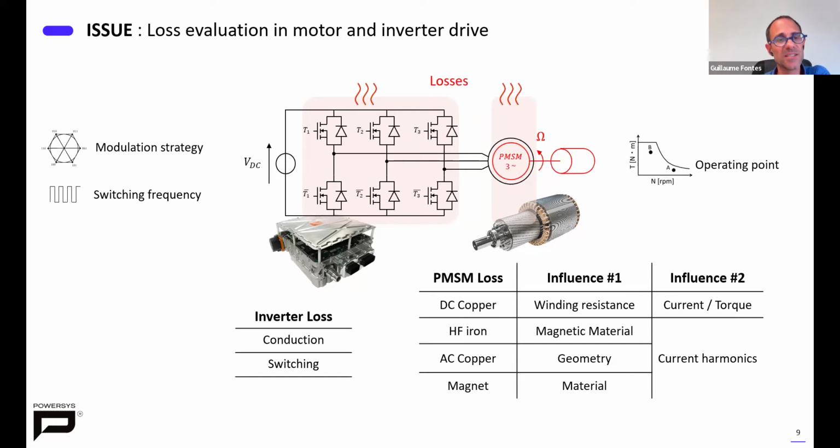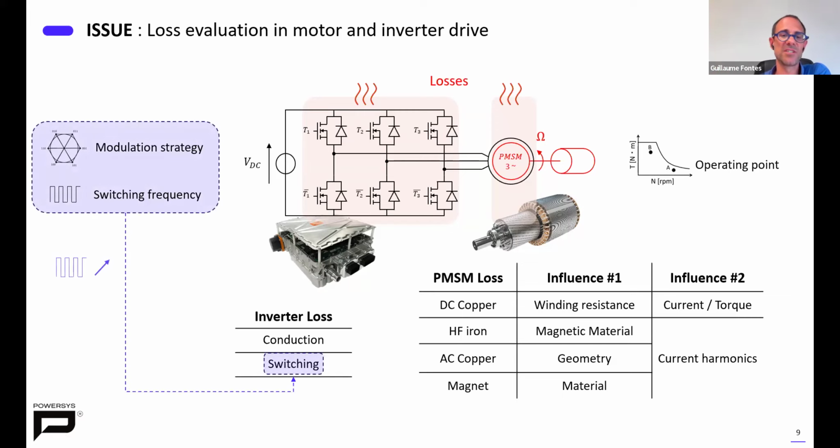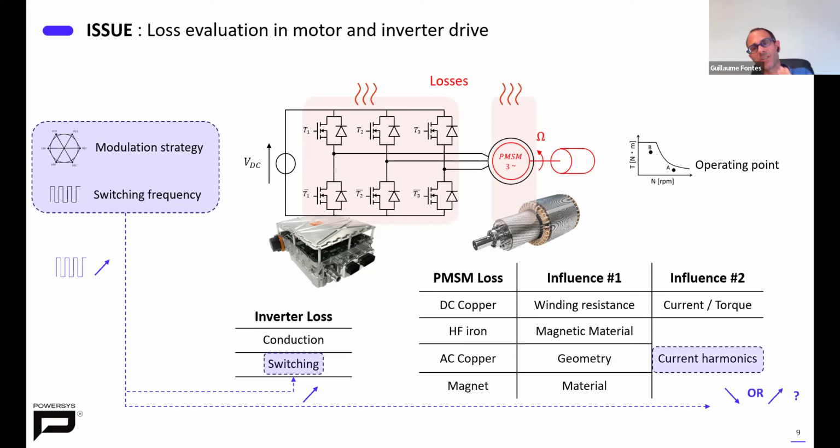Indeed, a higher switching frequency will lead to higher switching loss in the inverter. But it is much more difficult to predict the influence on the current harmonics which will supply the motor. That's to say, on the iron, AC copper, and magnet losses.